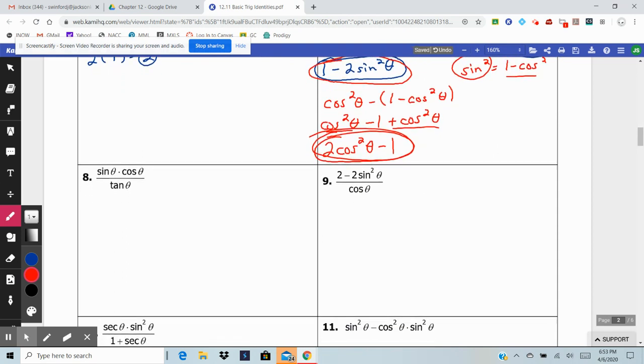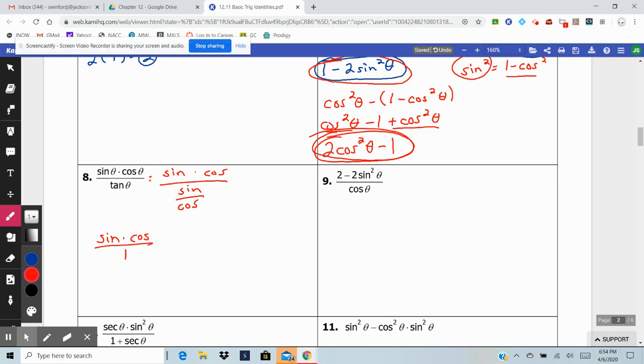Okay, next one. We have sine times cosine divided by tangent. So I know that already I can turn that tangent into sine over cosine. Now to divide, you have sine times cosine, and I'm going to put that over 1.